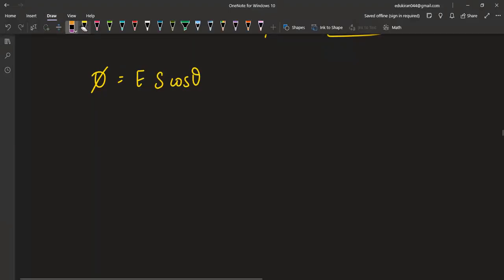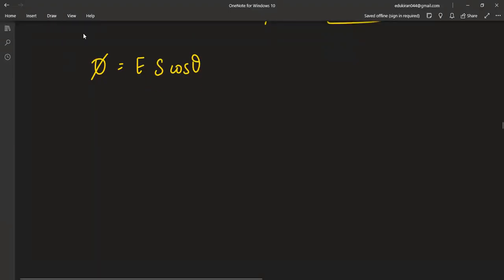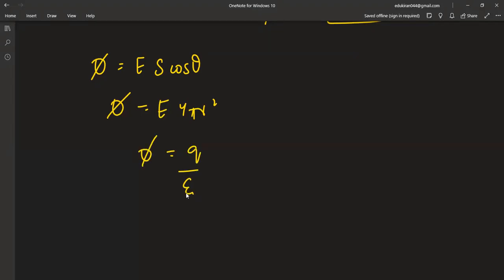For such types of questions, one thing you should know that when you are calculating the electric field, at a point outside, at a point inside, one step that will be fixed is ES cos theta, not dot. ES cos theta will be there in the plan. So phi will be equal to E 4 pi r square. Till here it's fixed. Flux you know is Q by epsilon naught.